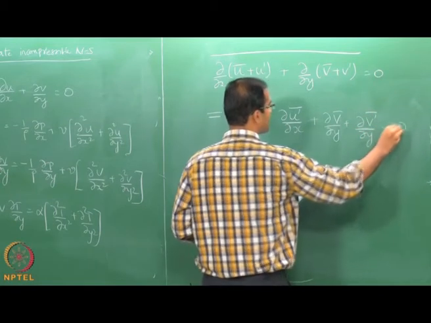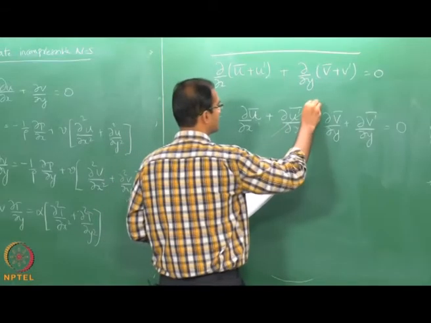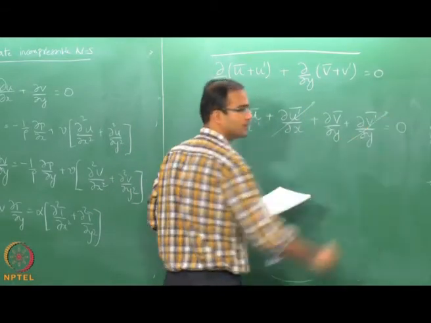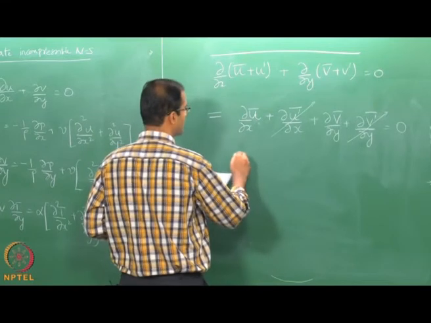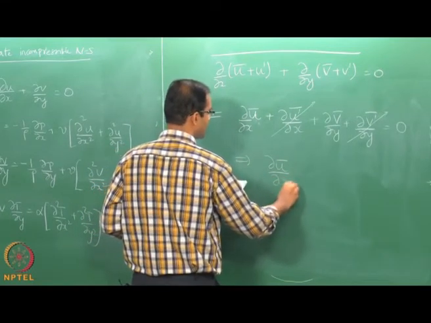So, according to our rule, this is also 0, right. Therefore, you have a continuity equation for the mean flow field.